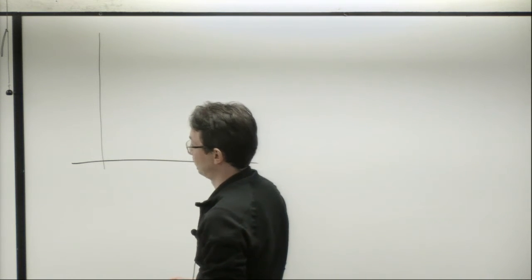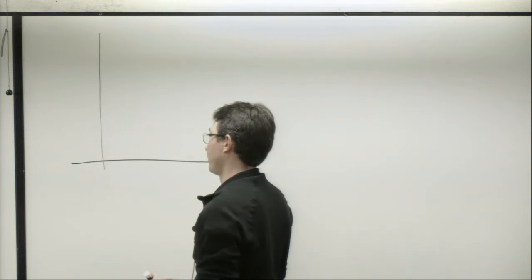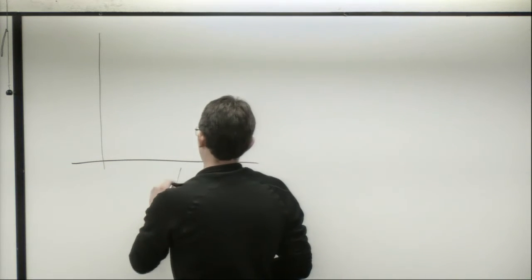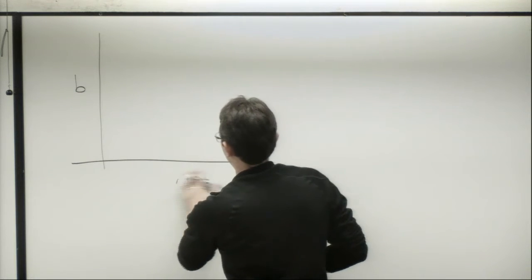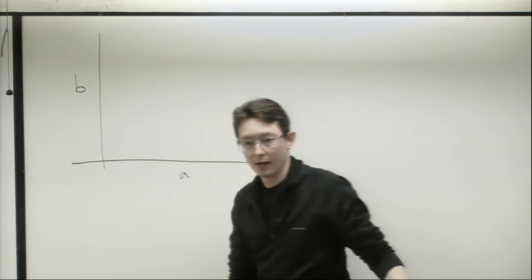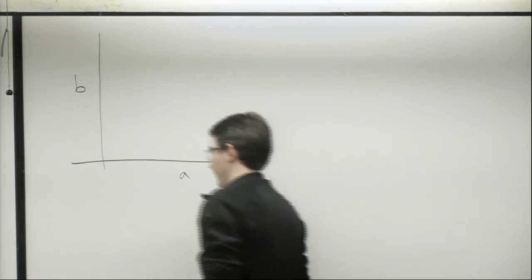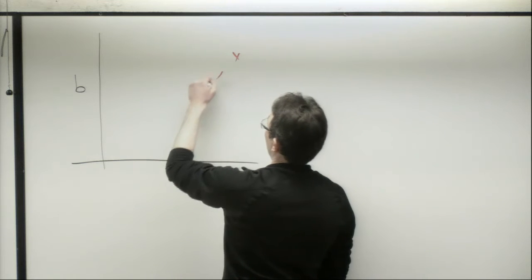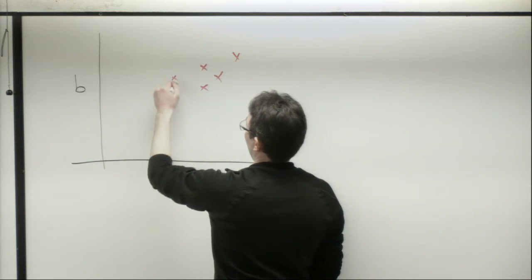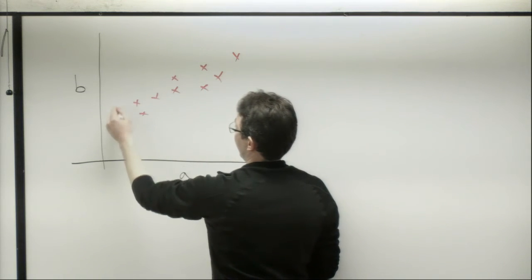Okay, so let's say that a and b, just going to make this lowercase because these are scalars. Let's say that a and b are my axes, and I collect a lot of data, a lot of noisy data.